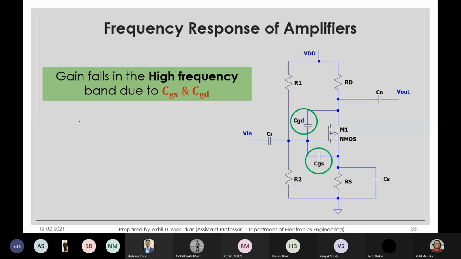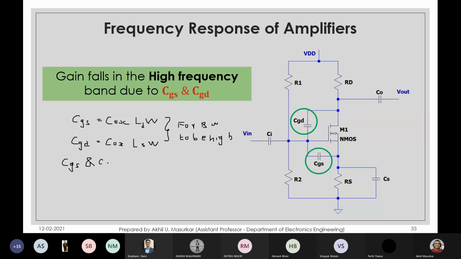Again, like I said, CGS is COX into the overlap length LD on the drain side into the width W, and CGD equals COX into LS into W. Now, to be very frank, CGS and CGD should be as small as possible, so that the bandwidth is high.